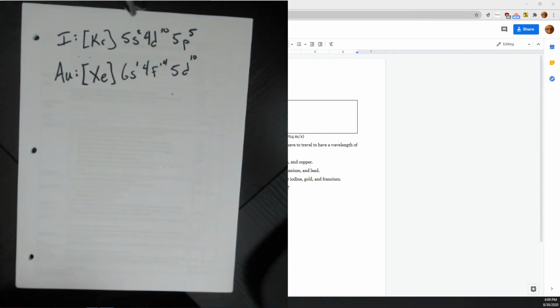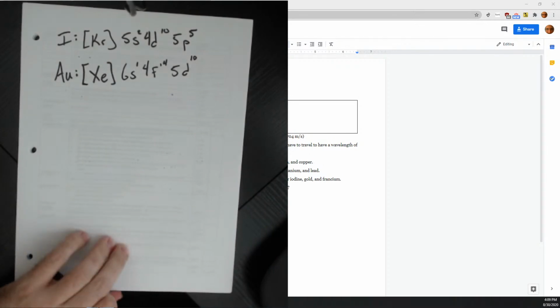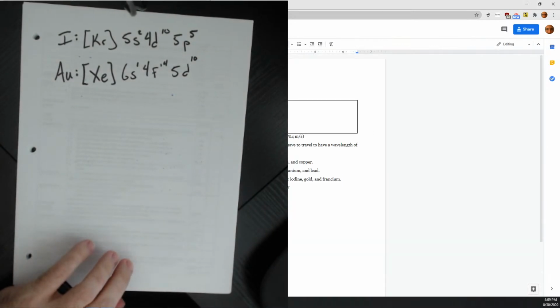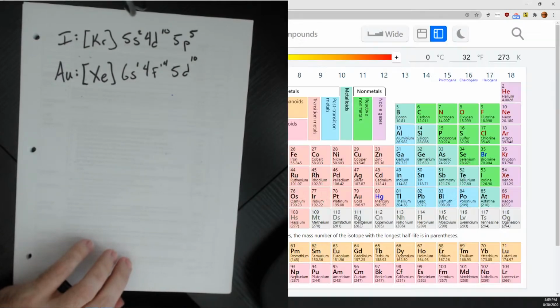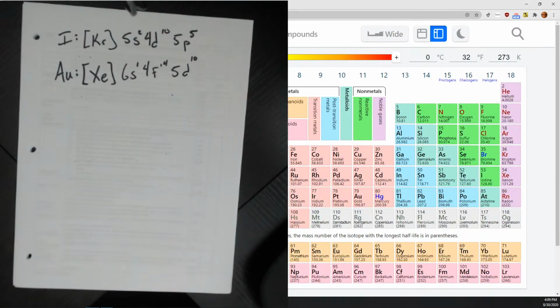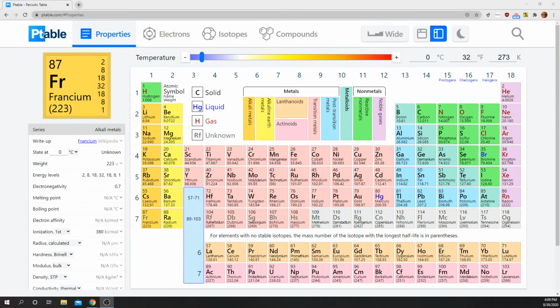That's nice. All right. And then finally, we have francium. So francium is way down here, row 7. It's in the 1st column. The previous noble gas is radon. It's element 86. So this one's going to be really easy. 1st column means it only has 1 valence electron.